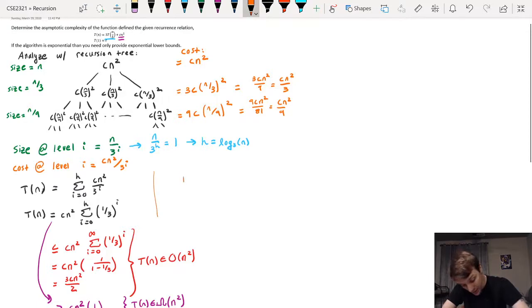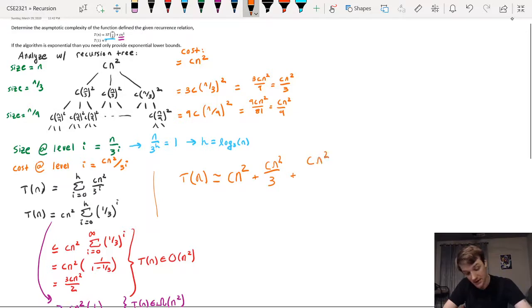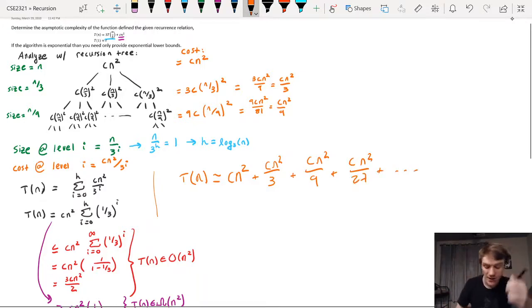We could have written T of n is equal to the cost at the first level, cn squared, plus the cost at the next level, which is cn squared over 3, plus cn squared over 9, plus cn squared over 27, plus, the problem here though is I don't necessarily have a great way to write down this last term, but it's going to be like cn squared over 3 to the h. So I will typically write this as a summation because this expression looks messy.